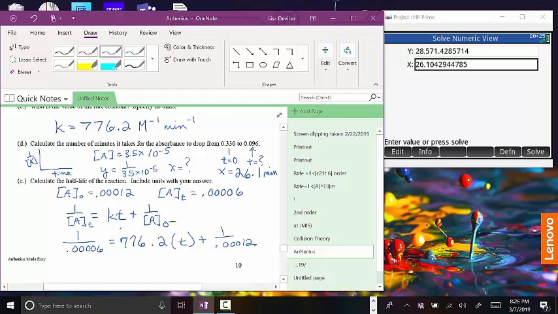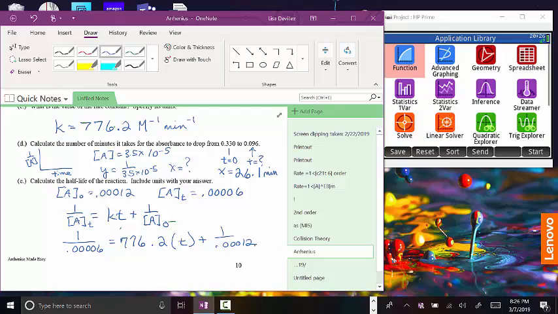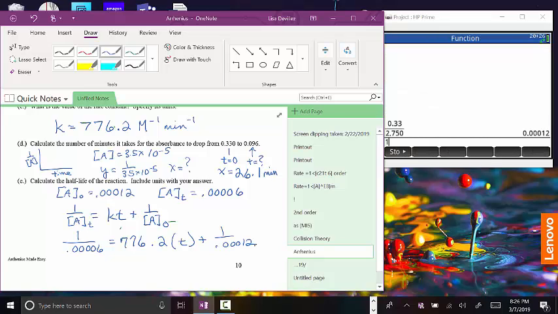Okay, so let's do the math. 1 over 0.00006 minus 1 divided by 0.00012.